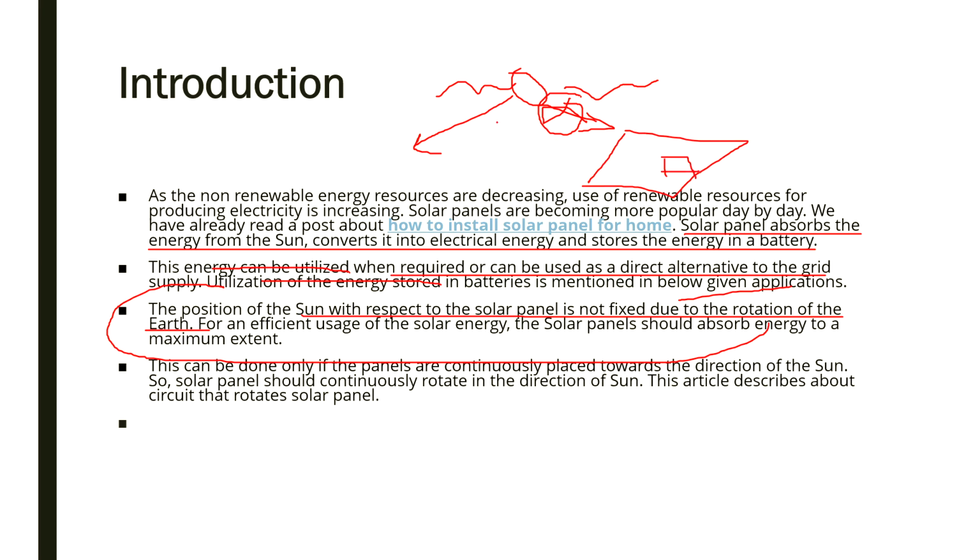So what about the direction in which the sun's rays fall? Based upon direction, the solar panels would have to rotate so that they can absorb a lot of energy from the sun. That matters when we discuss the tracking of the sun.